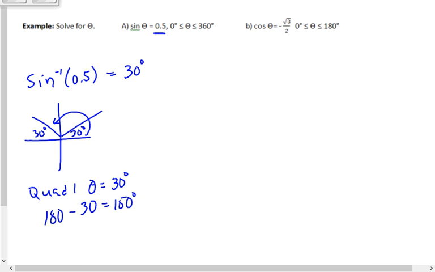Question B, this time we're working with a negative value for cos, so we're restricted. We have to think about which quadrant has a negative value for cos, okay? If we think back to a few questions ago, cos theta equals x over r.